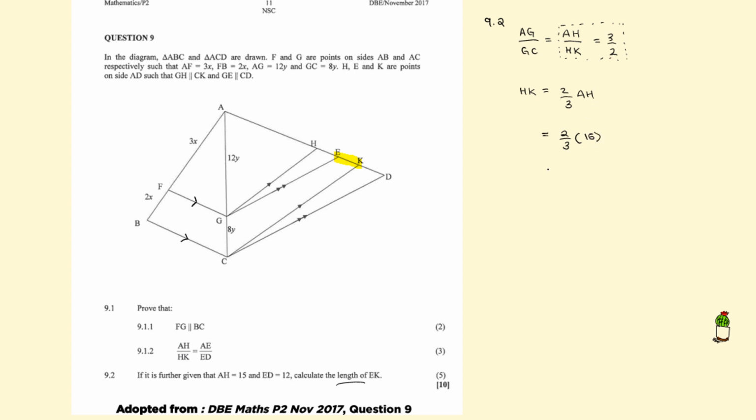If we plug this into your calculator, you get that HK works out to 10 units. Okay, so now I have the true length of HK. So from here to here is 10. They gave me that from there to there is 15.